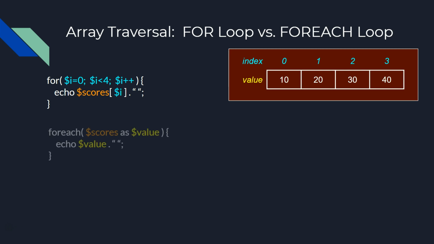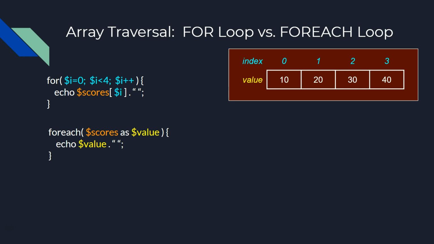The foreach looks a little bit different, but you use the keyword foreach, and then the name scores, which is the array name, as a value. What this does is extract all the values in the array and store them into a variable called value.